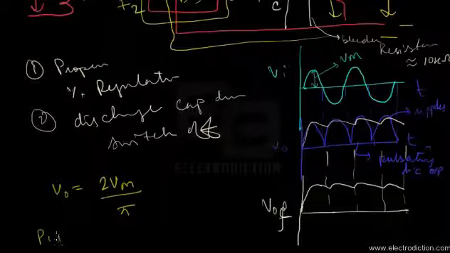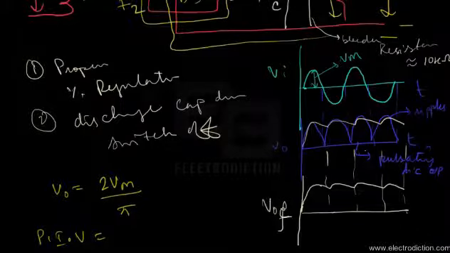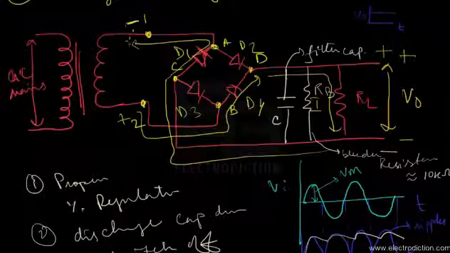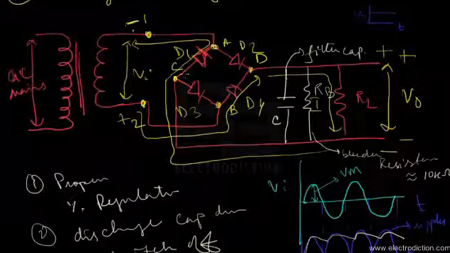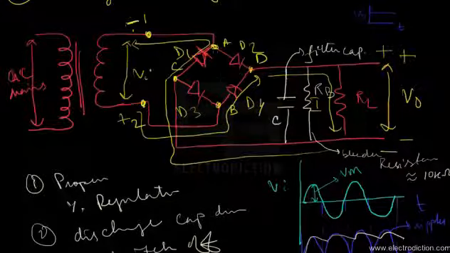The peak inverse voltage in the case of this bridge rectifier is the input AC voltage across the reverse biased diodes. For each half cycle we have two diodes conducting and two diodes reverse biased.